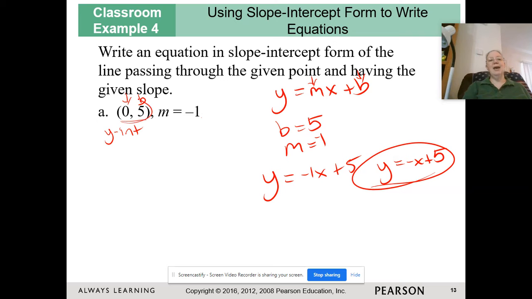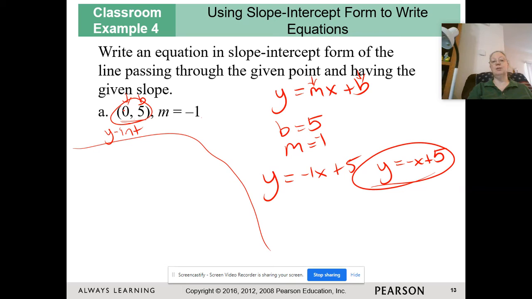Now, let's suppose you did not happen to notice that this was the y-intercept. It's possible, it happens. We get careless as we are going through. I'm going to show you how to do this if you don't notice that this is the y-intercept. So we're going to replace our y with 5, our m with -1, our x with 0, and we don't know what b is.